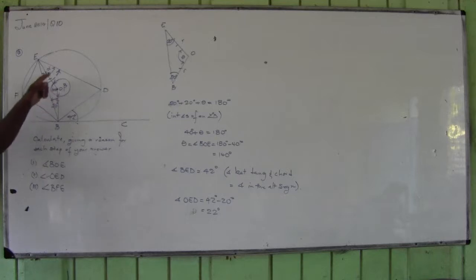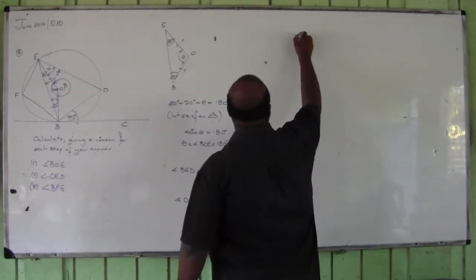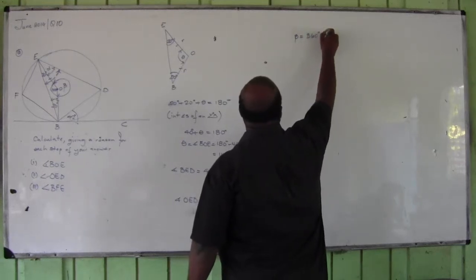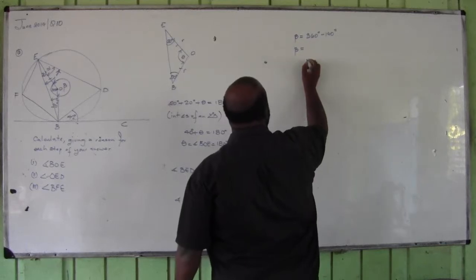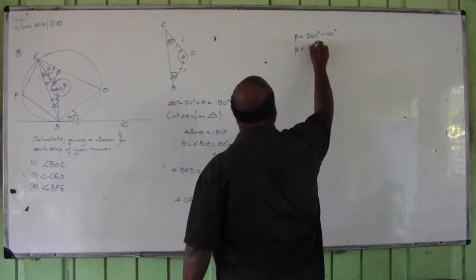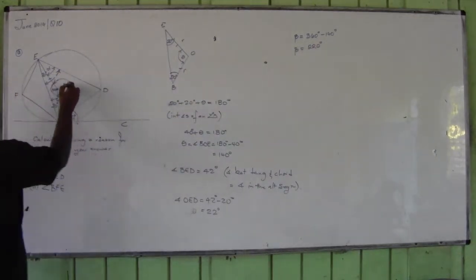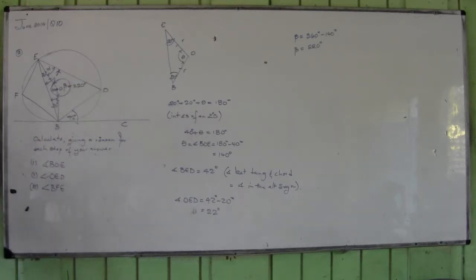So angles at a point add up to how many degrees? 360. So I can say that beta would be equal to 360 minus 140. Beta would be equal to 220 degrees. So the angle out here is 220 degrees.